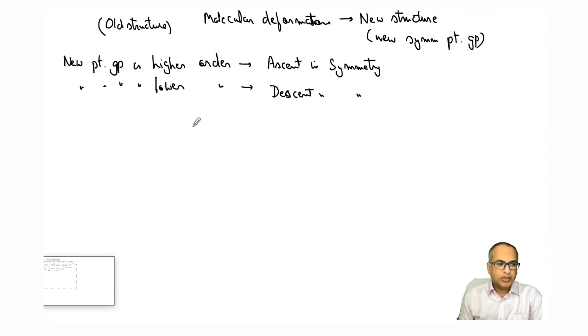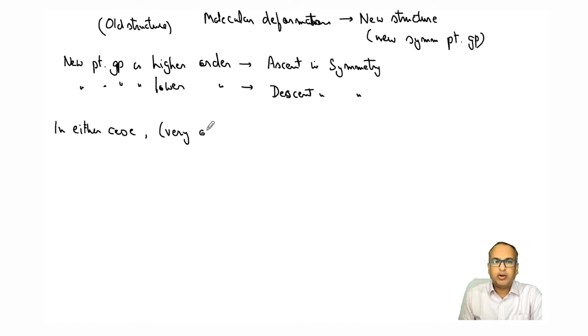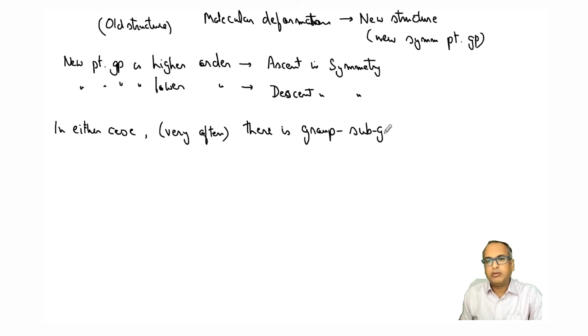Okay. So in either case, and I say very often because it is not always, and we will discuss those cases where it is not the case, in either case there is a group subgroup relation between the old and new point groups.